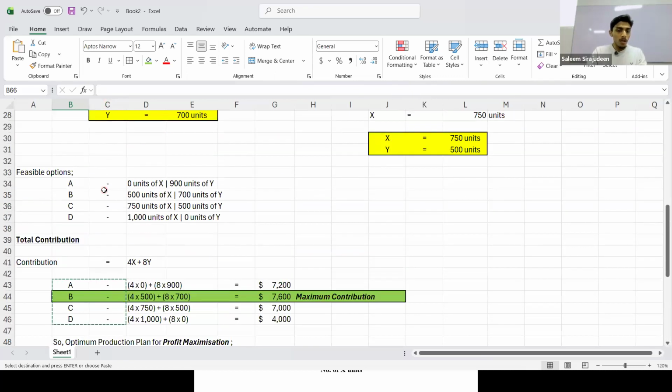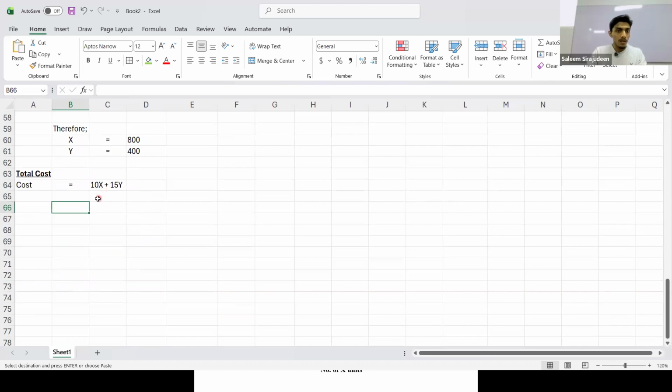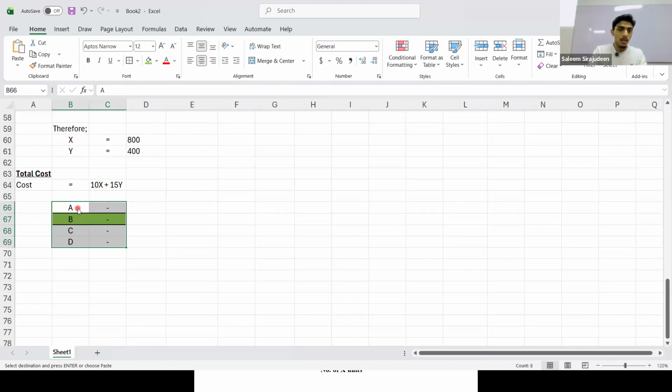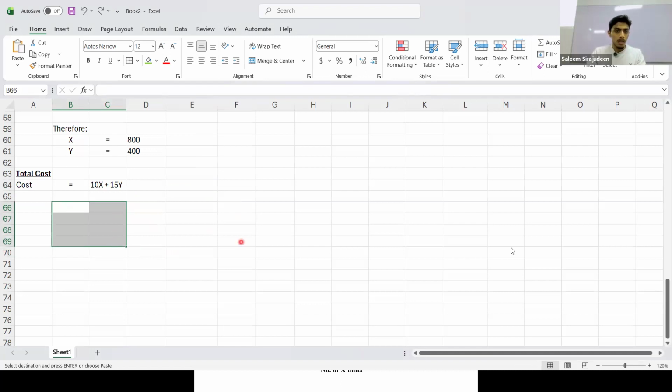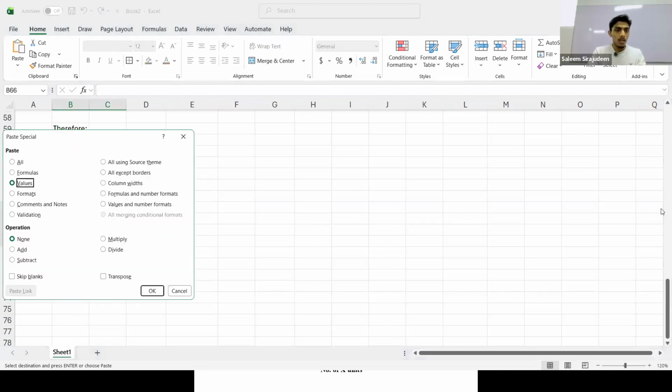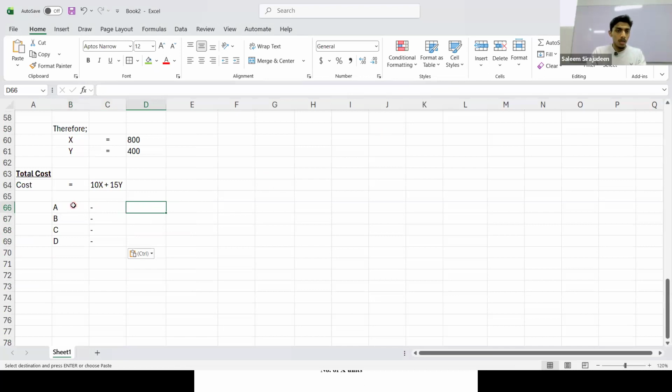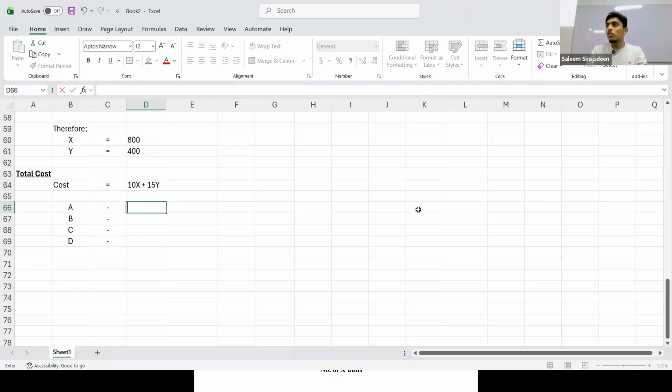So the feasible points you have. Okay, fine. So now A, tell me at the point A, how many units of X and how many units of Y you are producing?